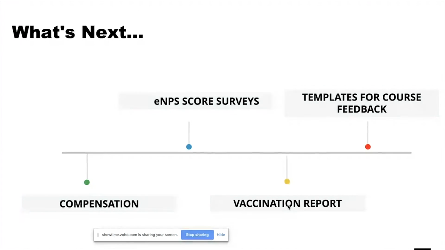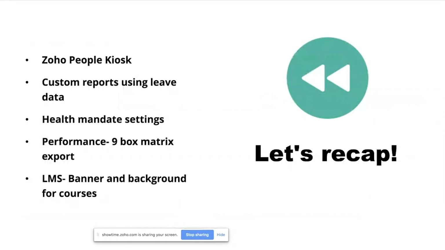And the new vaccination report that will be available as part of employees' health status checks. So this will help you know if your employees have been vaccinated, and know the status of your employees' vaccination levels. So these are some of the features that we'll be releasing very soon in the upcoming months. So do watch out for these, and I'm sure you'd find them to be useful.